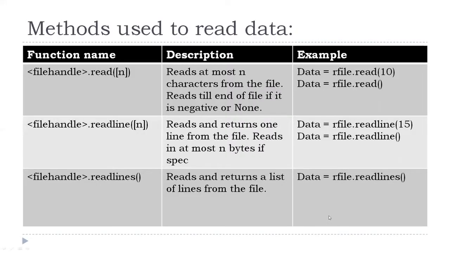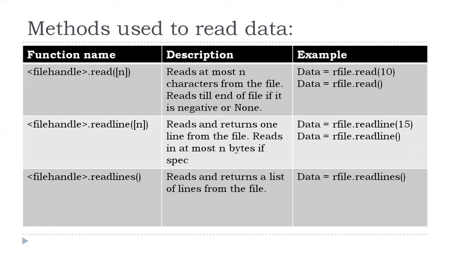So here go the three methods. One is the read method. The second one is the readline method. And the third one is the readlines method. Read either reads all the content or reads the specified number of bytes.